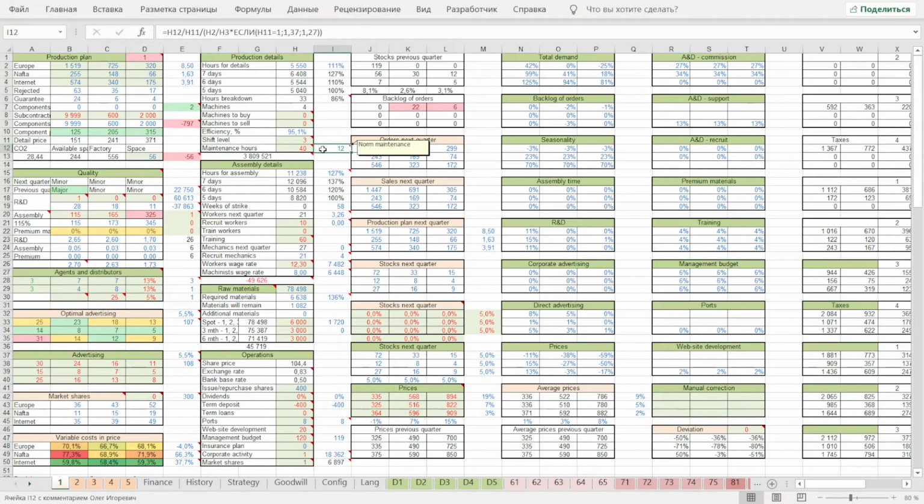For example, if you specify in the decision 20 hours of maintenance with a machine load of 100%, then the reduced value of maintenance will be 7. If you specify a machine load of 127, the maximum load with 3 shifts, then the reduced value of maintenance will be 5.